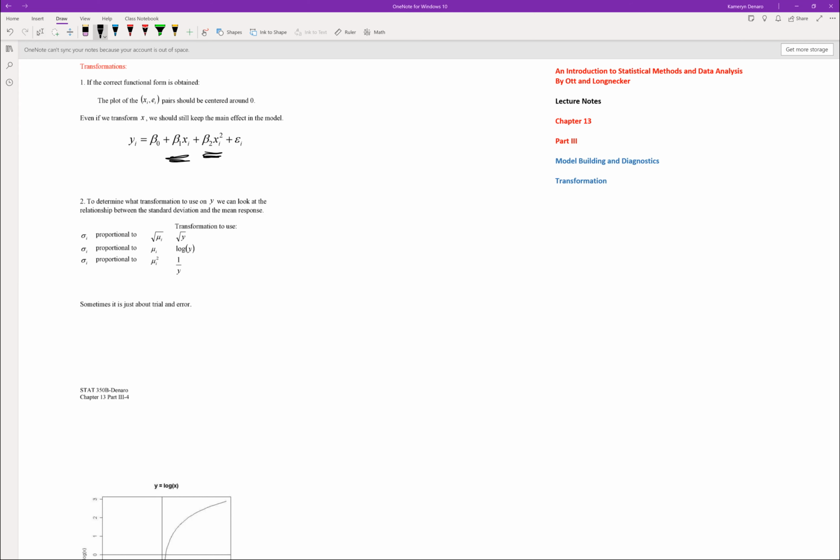So once you get each of your x's, let's call this x1, and your residuals, for each of those x's you're going to check if your residuals are random around 0. If you see a pattern in your plot, then that's going to give you some indication that you're going to need a transformation.